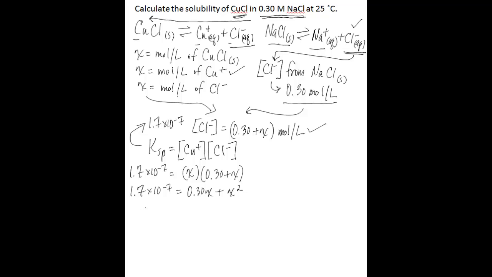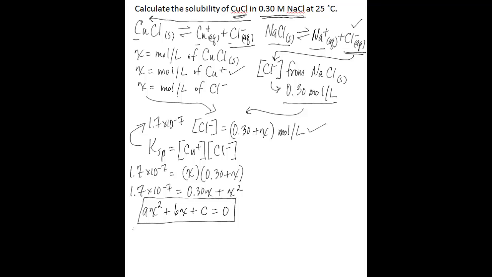So here's the general form for the quadratic equation, a review from algebra. You have ax squared plus bx plus c is equal to 0. So we want to get our equation into that form, which is pretty easy. All you have to do is move the 1.7 times 10 to the negative 7 to the other side.